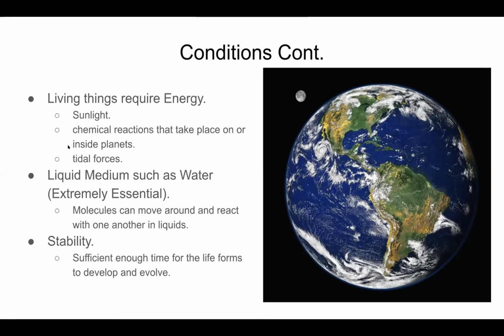As I talked about earlier, it is extremely essential to have liquid water in a habitable area. Liquid water helps molecules move around and react with one another, which can create biomolecules as well.